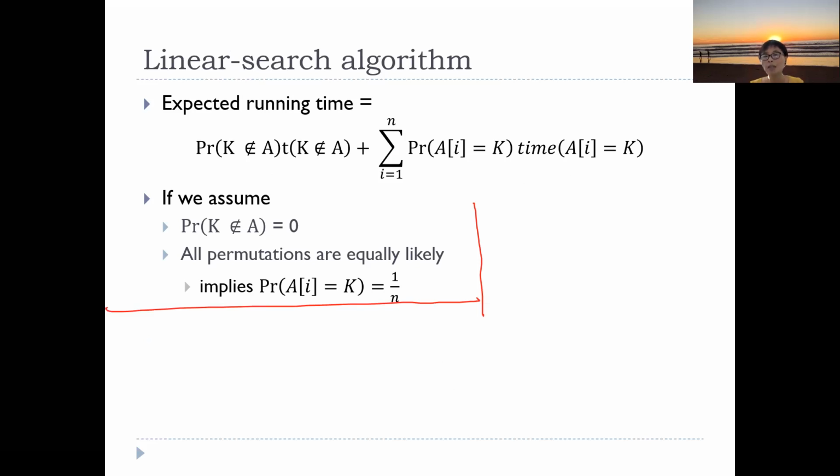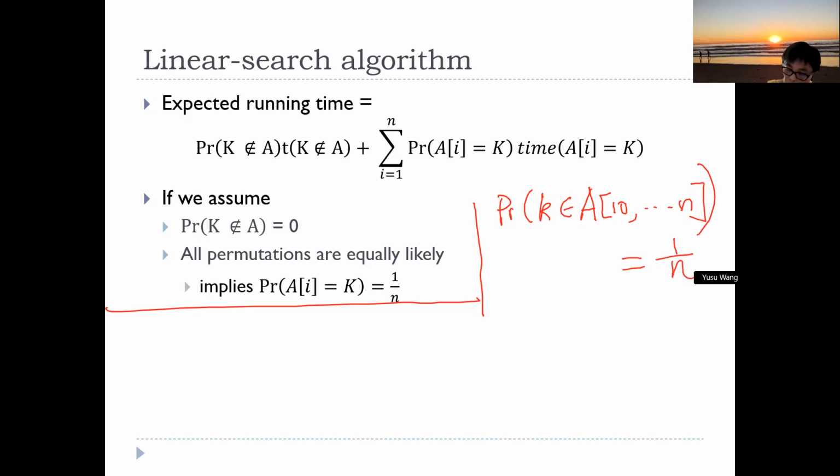Suppose the probability that the key you're looking for is in the portion of the array from 10 onwards to n is super tiny. It's only 1 over n.